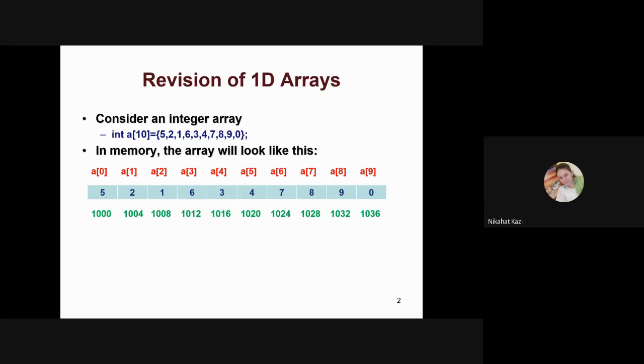This integer will be saved across those 4 bytes, that is 32 bits. So the next integer will be saved at 1004. 4 bytes each, 4 plus 4 plus 4 every time. So this is how it is going to look inside memory.